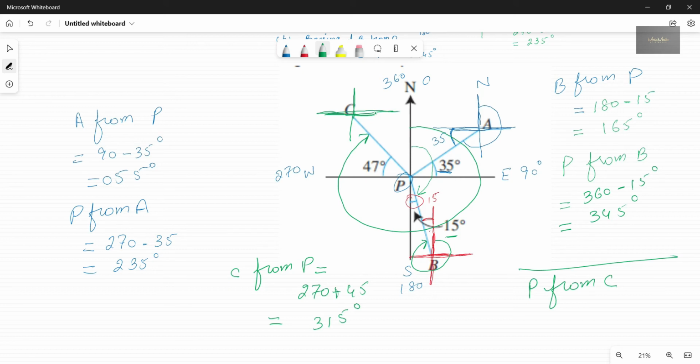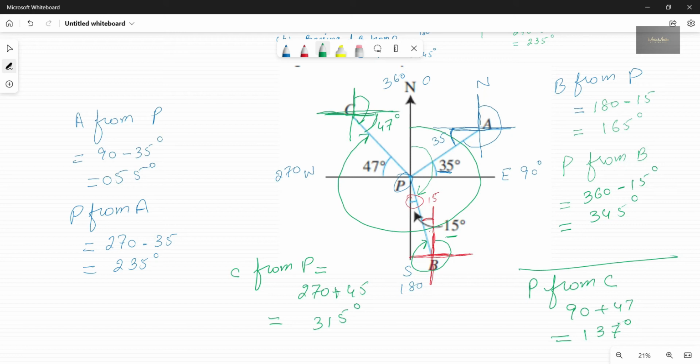So this horizontal line angle and the CP angle will also be 47 because of alternate angles. And I need to find this complete bearing. Again, I am completing 90 degree and then adding 47. 90 plus 47 is equal to 137. This is our answer, right?